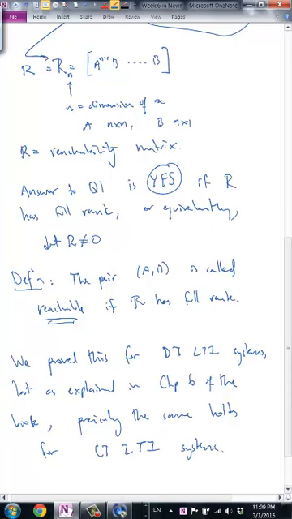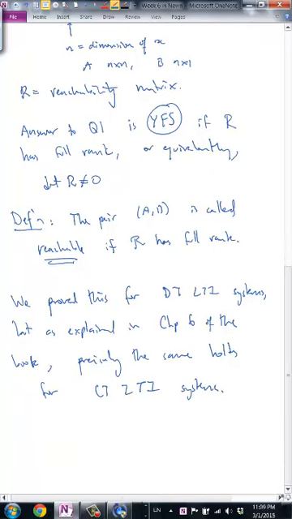So the reasoning is a little bit more complicated because we need to do integrals rather than just iterate the recursion.